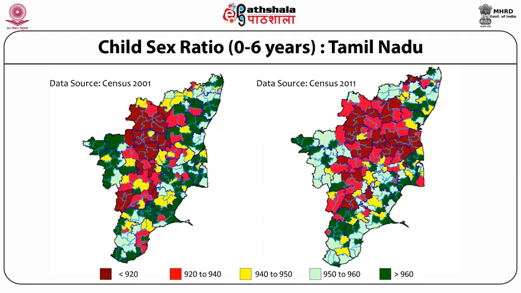We have seen a huge number of areas with less than 920, that is more than 3% of the girls eliminated, in and around Cuddalore. That is something very disturbing, because traditionally Tamil Nadu's ratios were among the better ones in South India.